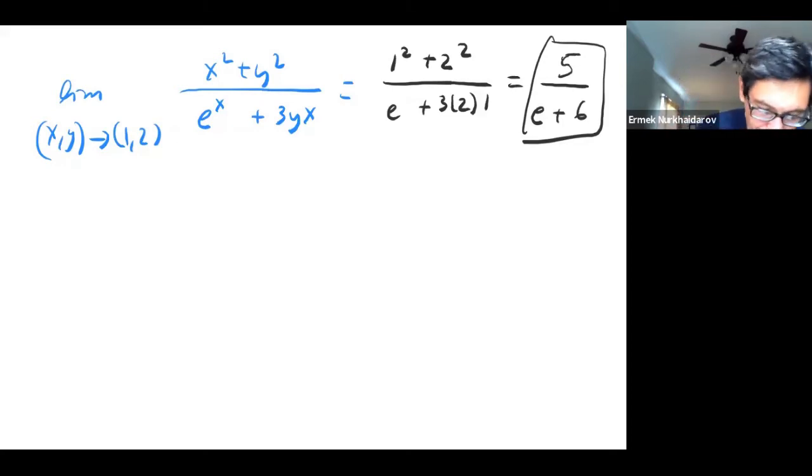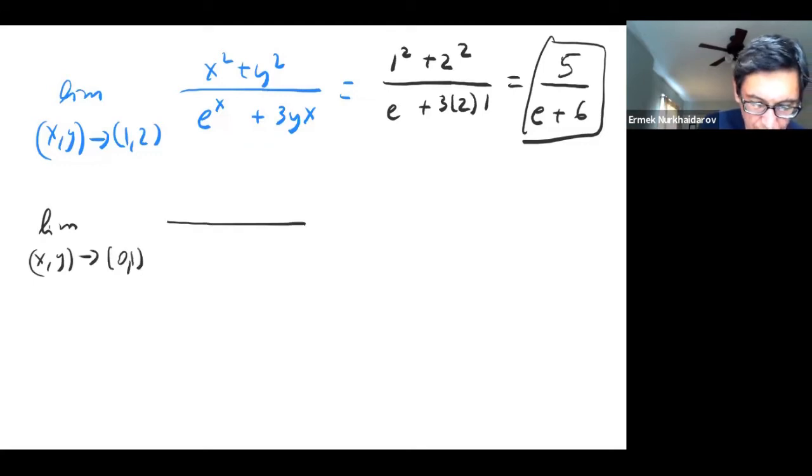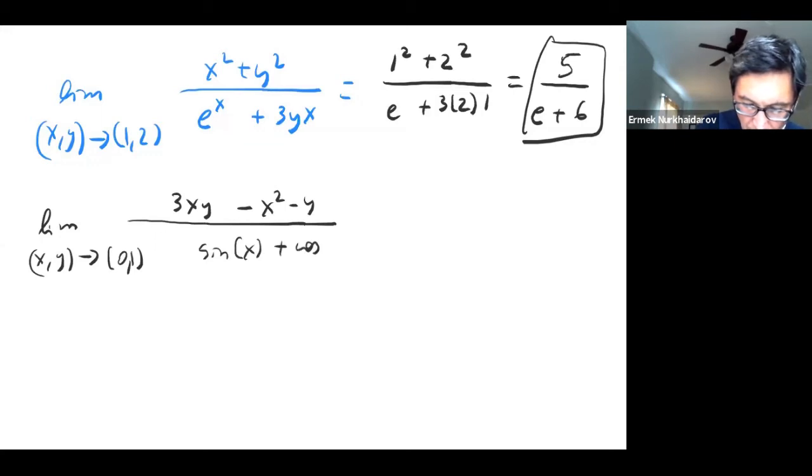So for example, if I want to take the limit as (x, y) approaches (0, 1) of (3xy minus x squared minus y) over (sine x plus cosine x squared minus ln of 1).